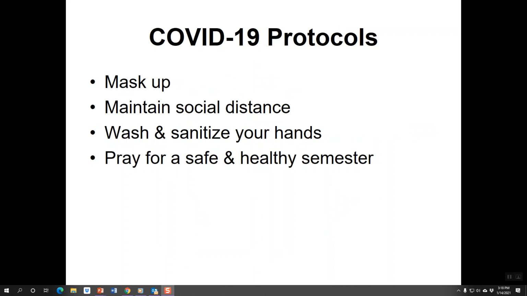All right, let's talk about COVID-19 protocols. For those who are in the classroom or on campus, it's very important that we follow the guidelines. So mask up, maintain social distance, wash and sanitize your hands. Let's pray that God will grant us a safe and healthy semester.